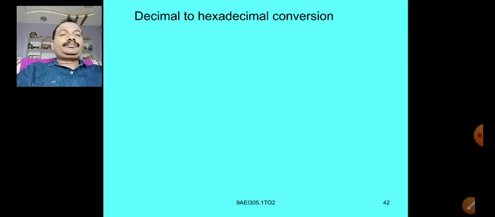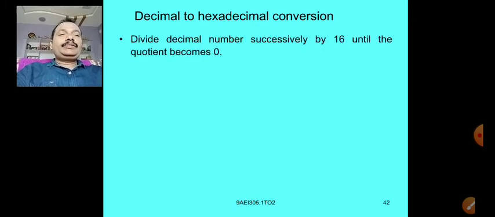Now, in this, what we have to do is we are converting known decimal numbers into unknown hexadecimal numbers.